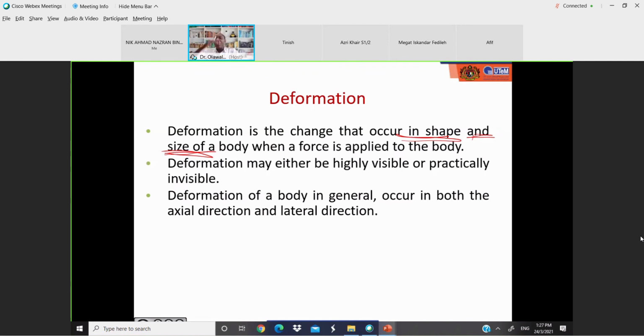So it occurs in both directions, but in opposite magnitude. So if this is increasing, this will decrease. If this is decreasing, this will increase. So note that generally speaking, when deformation occurs, it occurs in both the axial direction and the lateral direction. This is axial and this is lateral.